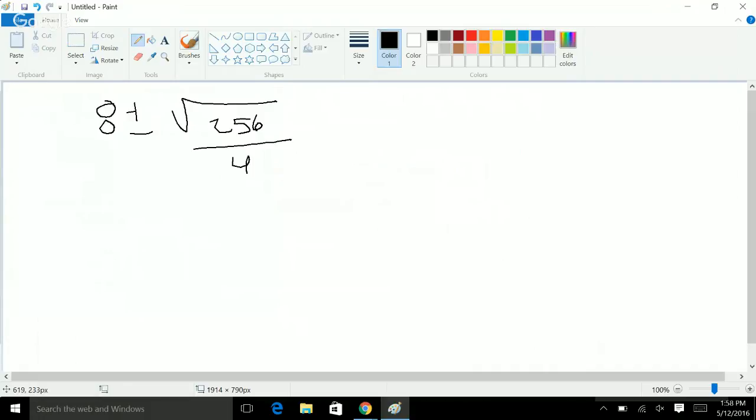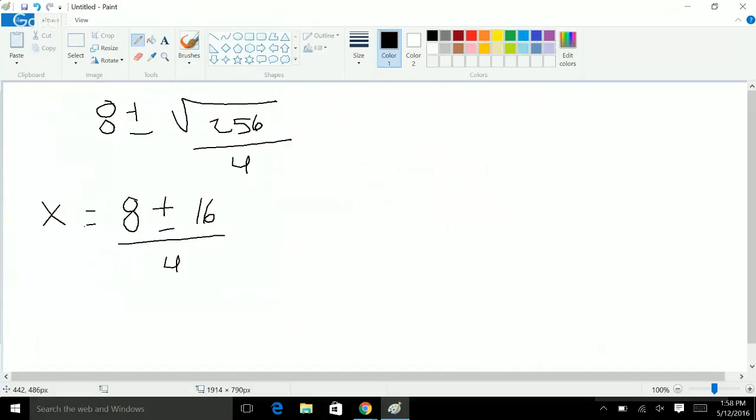So then this breaks off and x equals 8 plus or minus 16 divided by 4. And since it's plus or minus, we're going to be doing one equation that is adding and the second equation will be subtracting, and that's how we're going to get the answer.